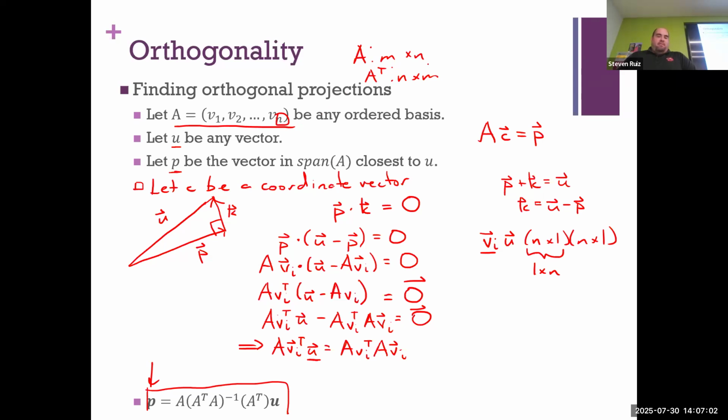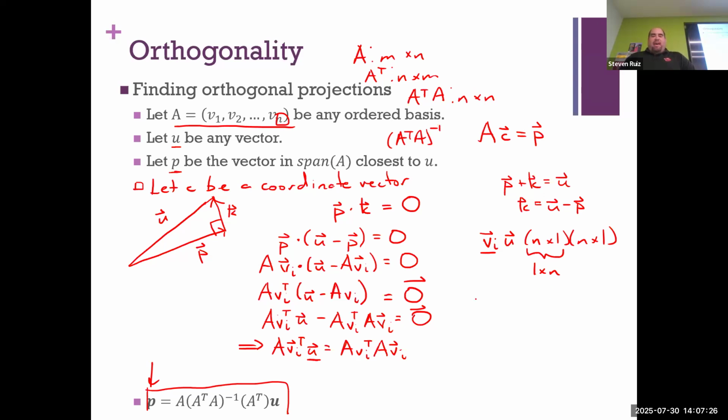Reverse them. Then what's the order of A transpose A? That's square, N by N. And if I invert it, what happens to the order? Nothing happens to the order. It should also be N by N.